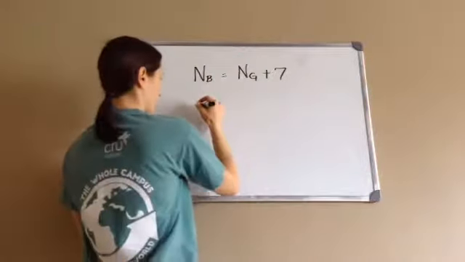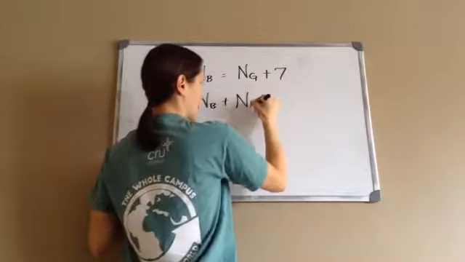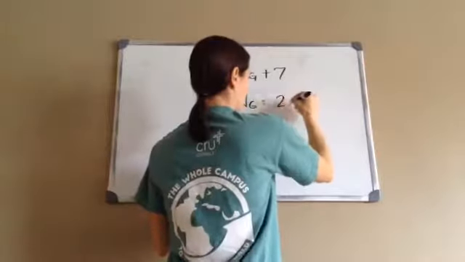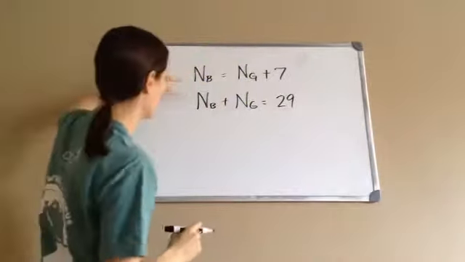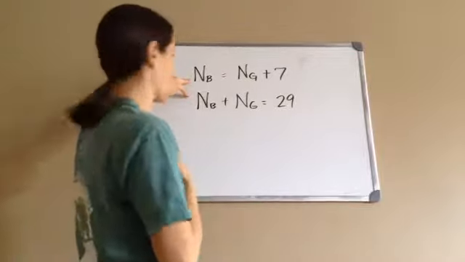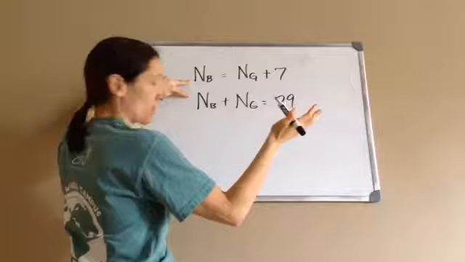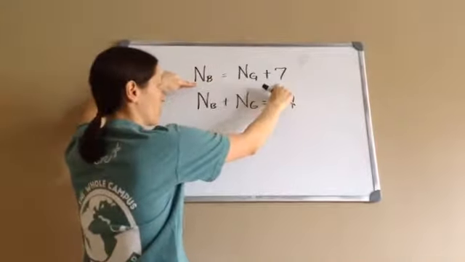Well, let's write our second equation. We don't know how many boys there are plus how many girls there are, but we do know the total number of pupils in the class is 29. So those are the 2 equations that we're going to do. Okay? So now, again, I'm going to use the substitution method because it's easier, because I already know what NB equals.